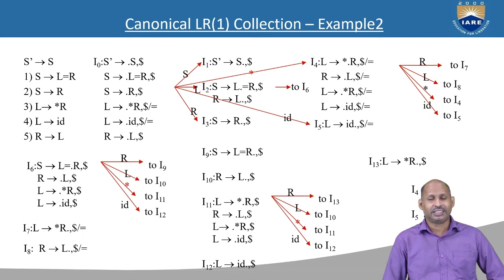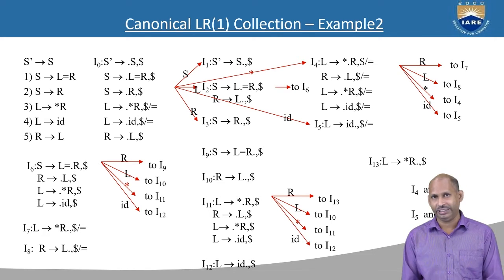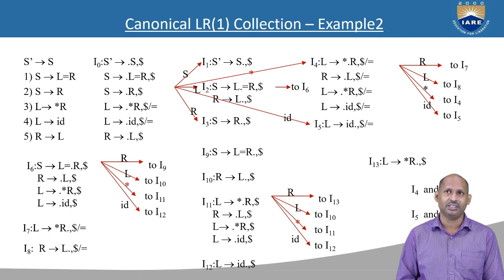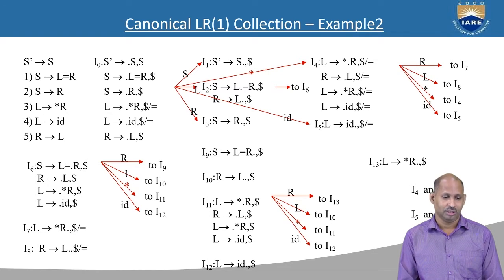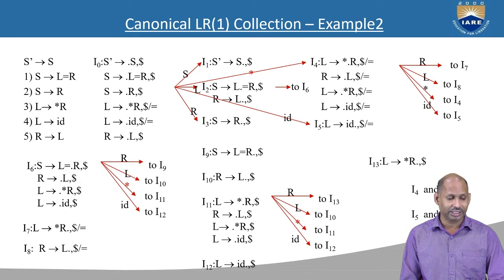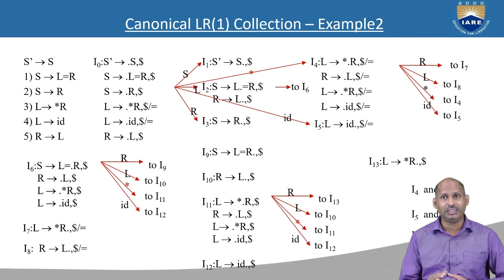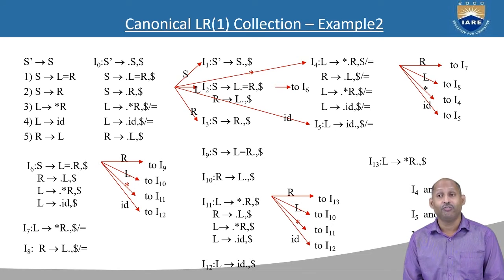So to construct the LALR parsing table, the first step is to construct the canonical LR collection. After constructing the canonical LR collection, we check which productions of the groups are the same and which lookahead symbols are different, so that we can combine the particular states.